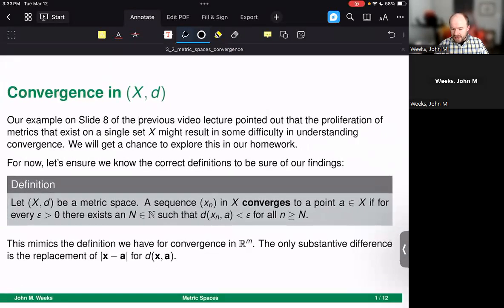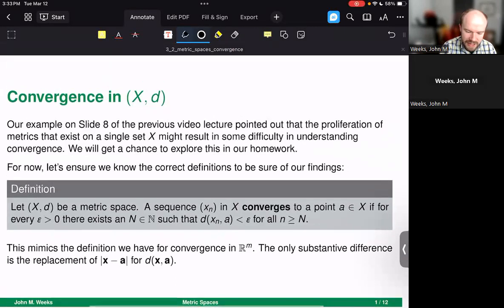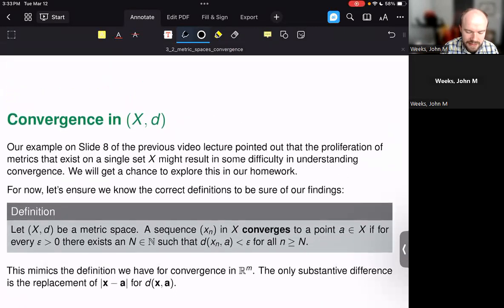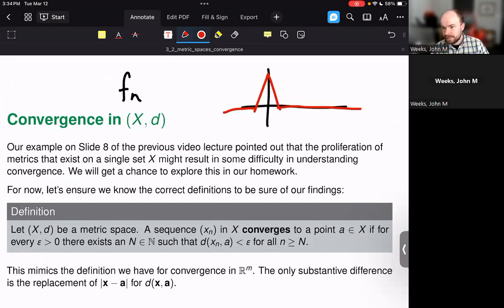Our example on slide 8 of the previous video lecture had a sequence of functions, f sub n, and you were looking at little spike functions. We talked about how some of the functions had different distances from the value of 0 than others.